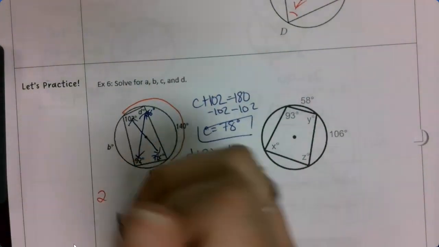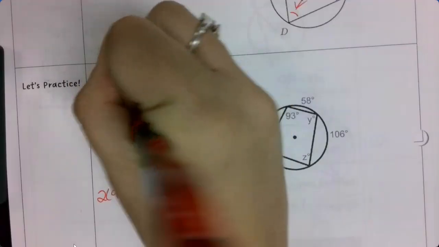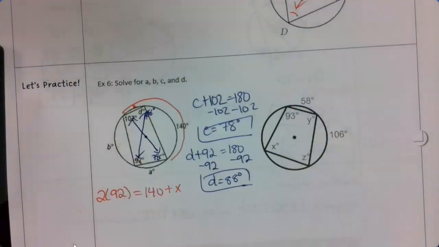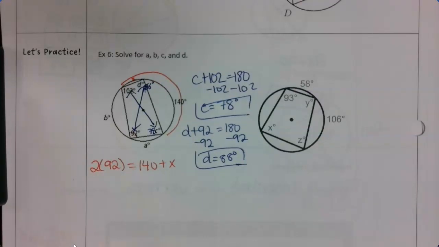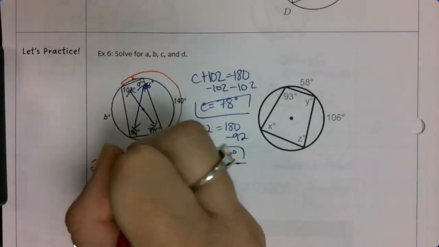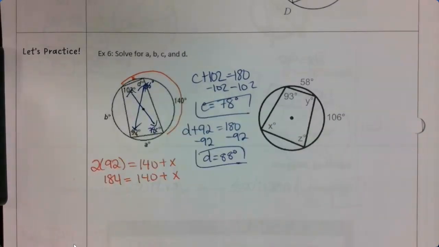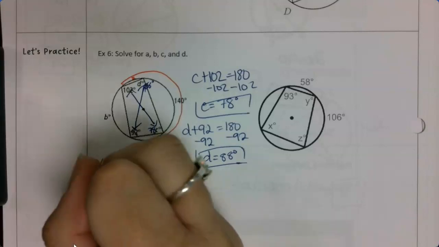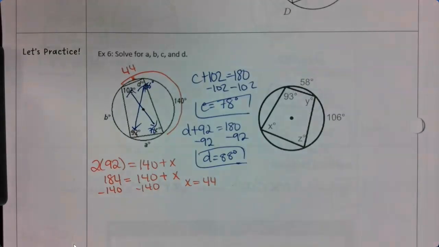So if I take 2 times 92, it should equal this 140, and I'm going to make this a letter X. So 2 times 92 gives me 184, and if I subtract 140, I get that X equals 44. So this piece right here is 44.